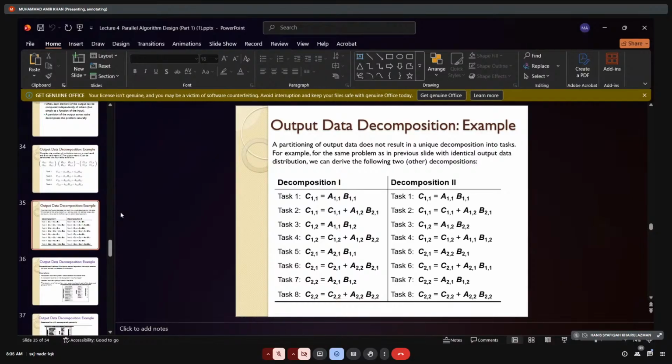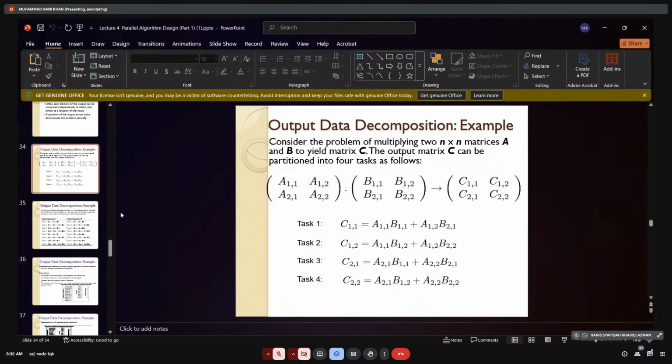We further break it down: first only A11 B11 into C11, and then C11 equals C11 plus A12 B21.